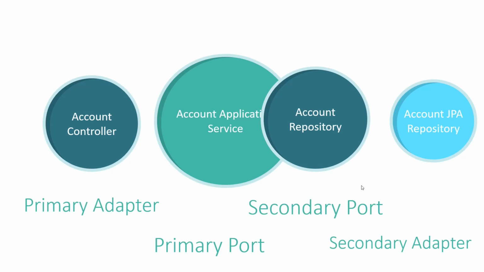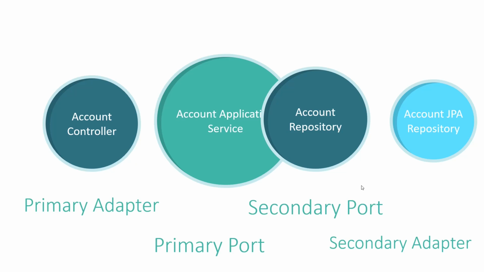So to summarize, we have primary ports and adapters and secondary ports and adapters. The primary adapter is the account controller, while the primary port in this case is the account application service, which is injected into the account controller.